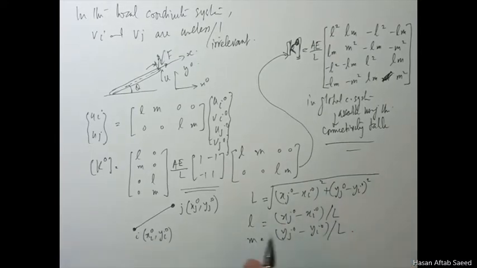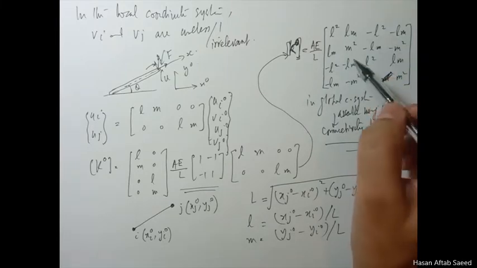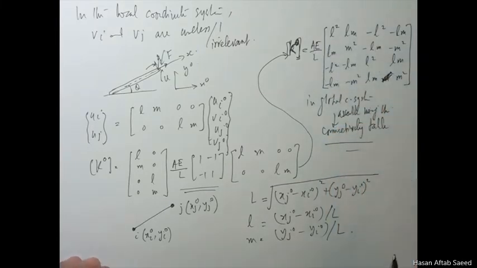This is how you calculate L and M. Once you have L and M, you can just, and A, E, and L will be given in the question in your problem, so it shouldn't be a problem. So this is the way you do the problems.